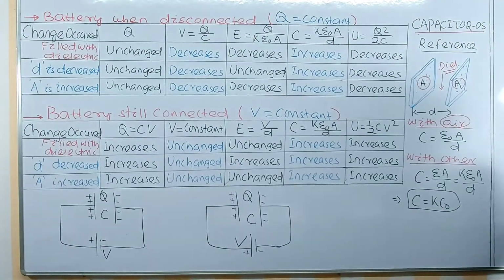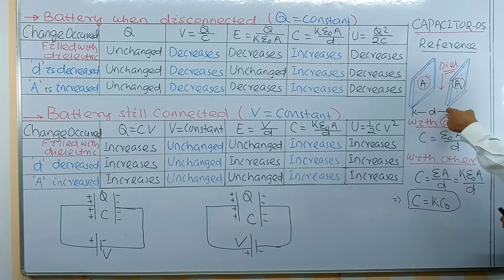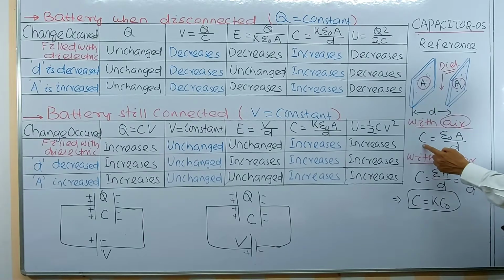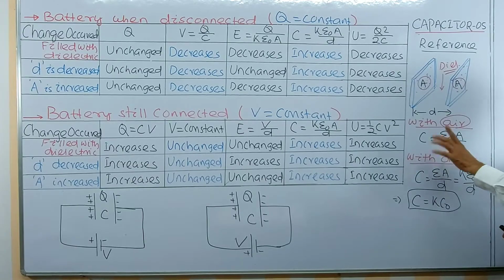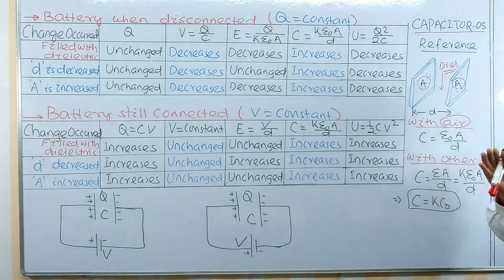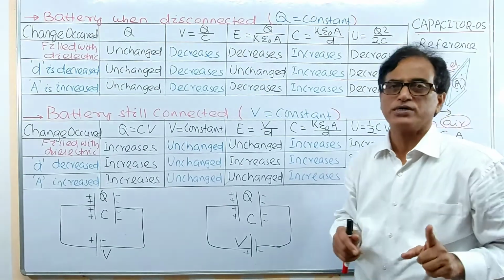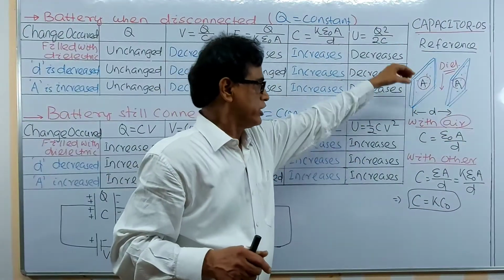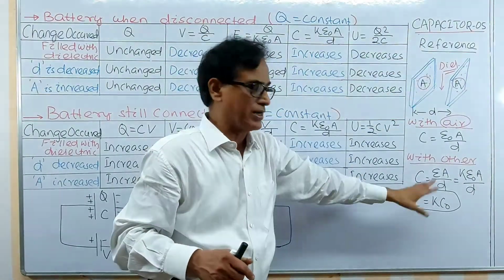However, the conclusion is, in the parallel plate capacitor, if separation between them decreases, what happens? Capacitance increases. If area of the plate increases, capacitance increases. And if you introduce the dielectric between the plates of the capacitor, then also capacitance increases.